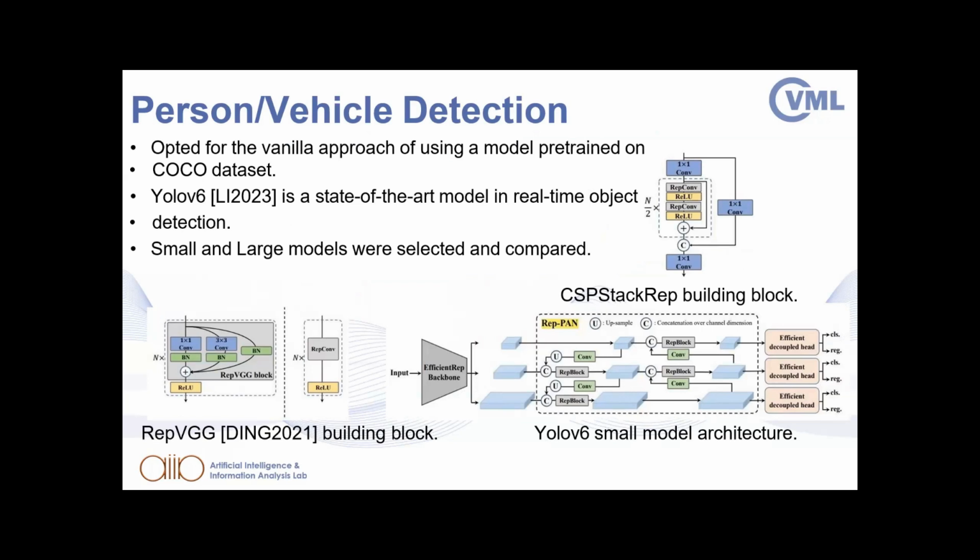We see here the architecture of the YOLO version 6 small model, and in 2022, it was recognized as a state-of-the-art model for real-time object detection. And in the diagram, we see some key components of the architecture.